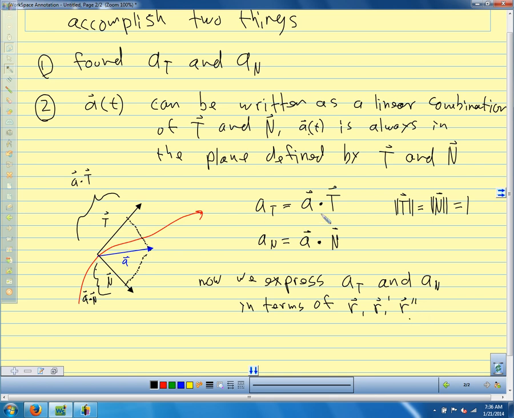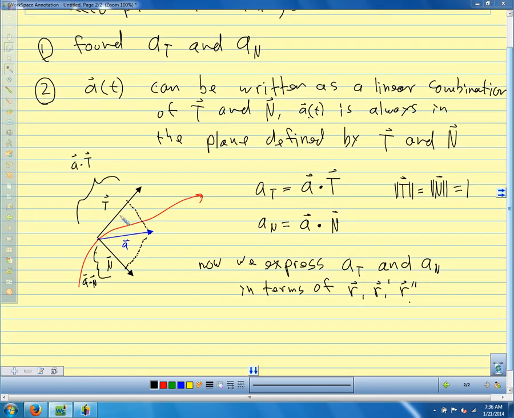We don't want to have these t's and n's in here. And because the acceleration is in the plane defined by t and n, we can write this as a linear combination. We can use these expressions.